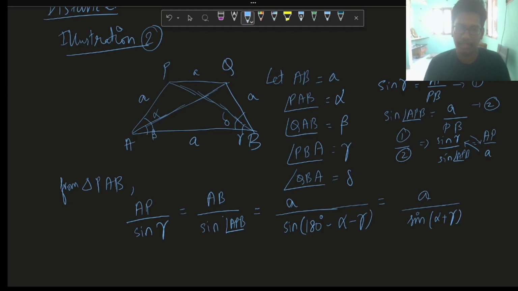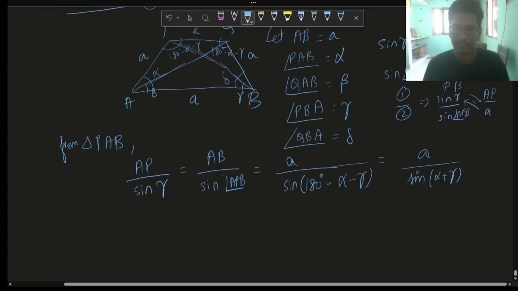So A divided by sine gamma. Sine of angle APB here is sine of 180 minus alpha minus gamma, and it would act like that. And the same here, 180 minus alpha minus gamma, which is also equal to A divided by sine of alpha plus gamma. So just evaluating in such a way.